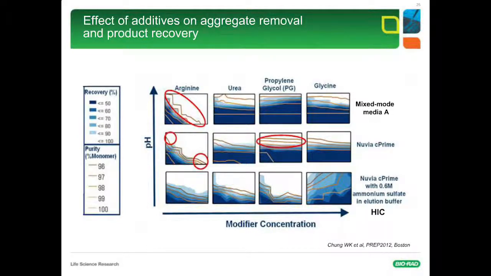This condition gave the best aggregate removal. However, we also lost a lot of target molecules. The third condition has a good balance of both recovery and purity improvement, when the pH was low with a high concentration of arginine. So the key here is we need to know the spec for this purification and then decide what is the best condition for the purification.